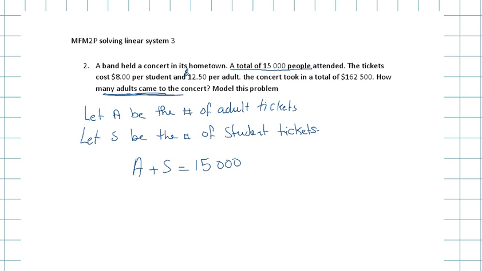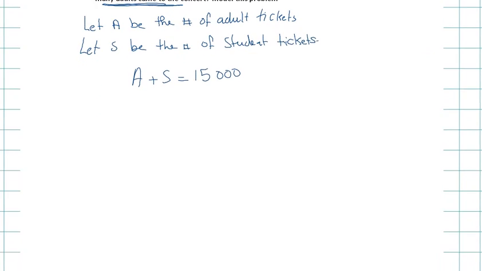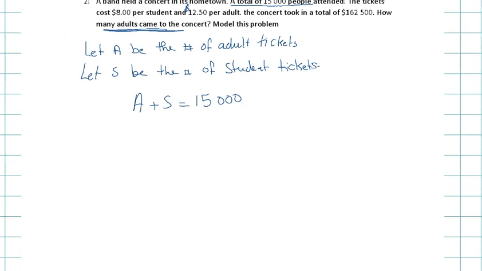Each student costs $8, right? So if I multiply S by 8, that would give me how much all the students have paid together. Each adult costs $12.50, right? So if I add them together, that would give me my total amount that I made at the end, which is 162,500.